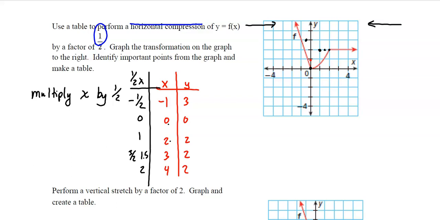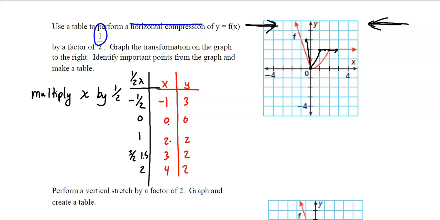So my shape basically just comes in here a little bit tighter, bends up there a little bit faster, and then kind of takes off that way. So you can see that we got smashed, we got compressed horizontally. We are applying pressure, like parallel to the x-axis and just pushed it in there further.